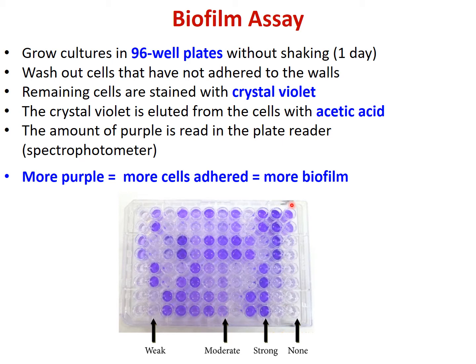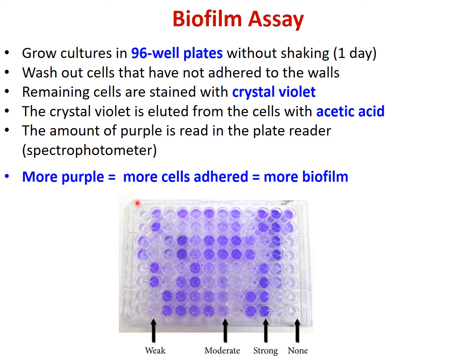Now, in the wells adjacent here, some cells have adhered to the wall, but apparently not as many as have adhered in these wells. And so these will get stained to a lesser extent because there are fewer cells there. When we extract the crystal violet, it'll be a lighter shade of purple.